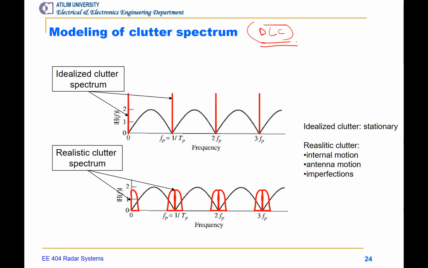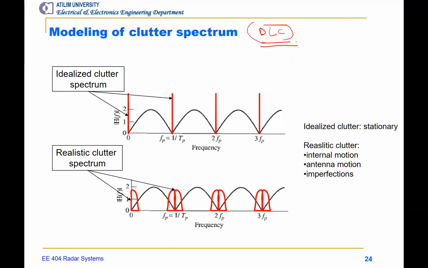So you may look at the Doppler shift. You assume that the vehicle is moving, and all around, the clutters are stationary, so that you can extract the Doppler shift and detect the target.